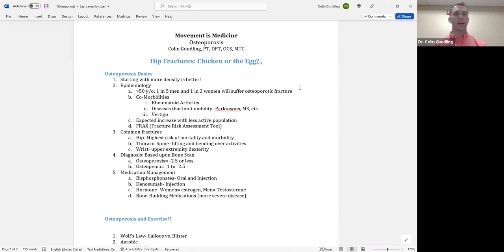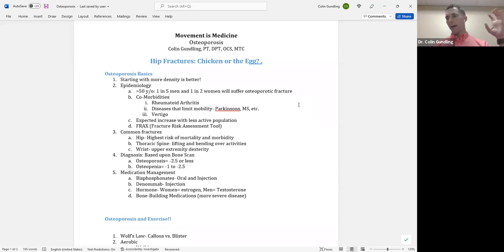The other factor here is that we aren't living as active lifestyles, so our bone mineral density is declining more quickly because our activity level decreases, and we actually see that when we drop down here to the comorbid conditions, diseases that limit mobility, Parkinson's, MS. There's no specific link to having Parkinson's and the physiologic disease process of Parkinson's resulting in a lower bone mineral density.